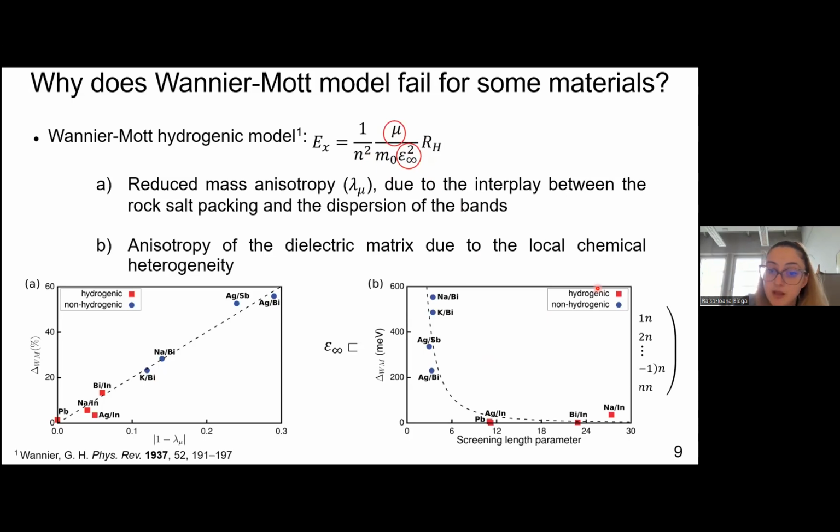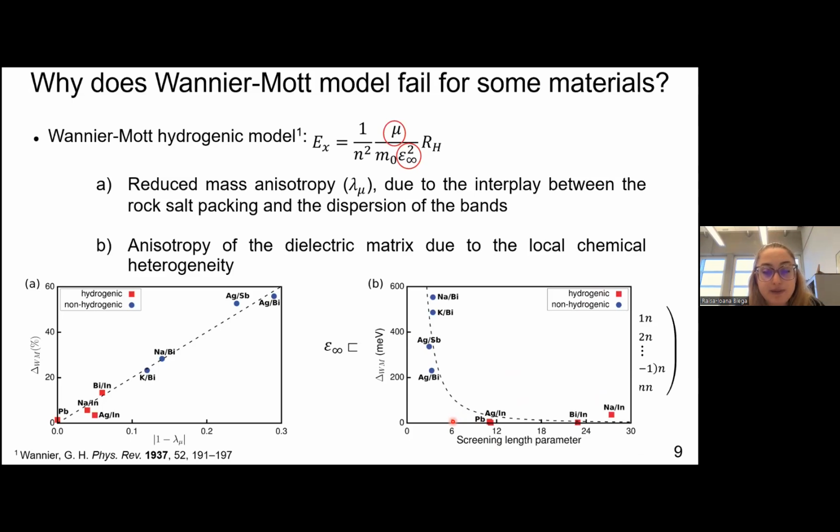And what we did is to link this with a screening length parameter, and we observed that the materials that have hydrogenic excitons all feature long screening length parameters. That means that the dielectric screening does not vary on the length scale of the exciton in these materials.